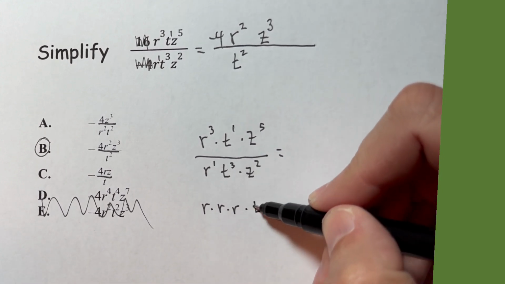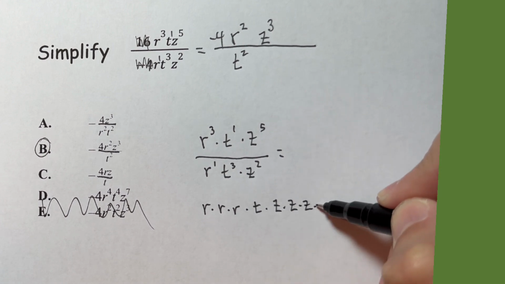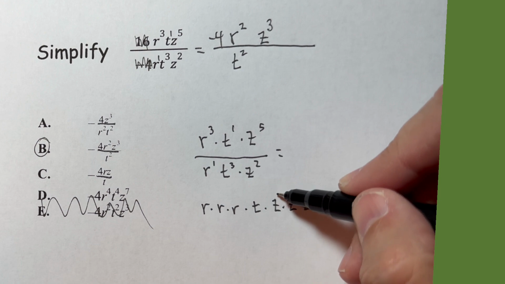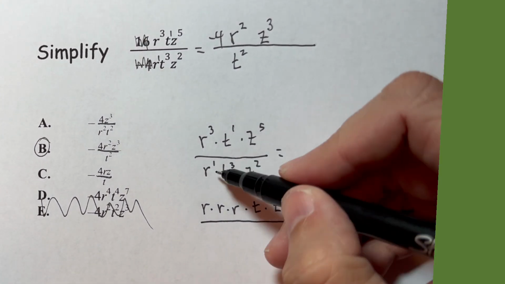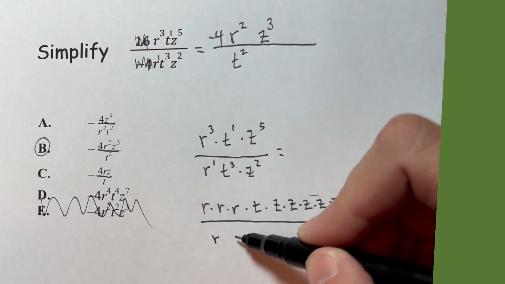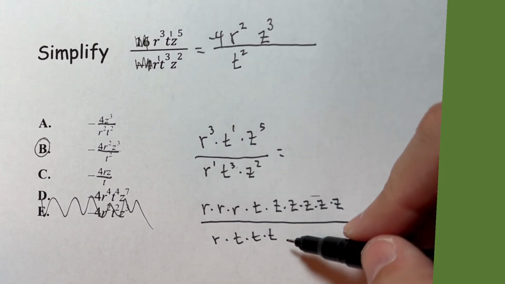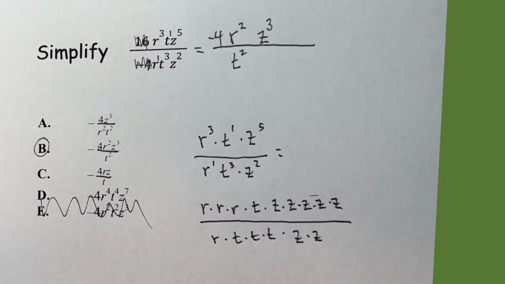Then you've got 1 t, and then you've got 1, 2, 3, 4, 5 z's. Remember, when you multiply, you add the exponents. These exponents are 1, so that gives you 5. On the bottom, you've got 1 r, t times t will give you t cubed, and z times z will give you z squared.